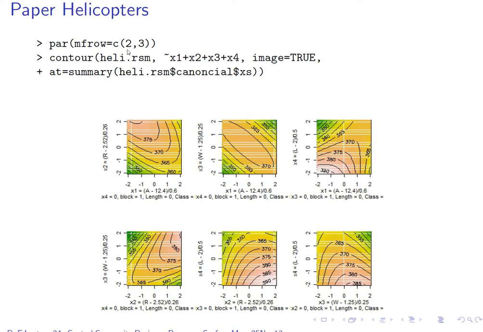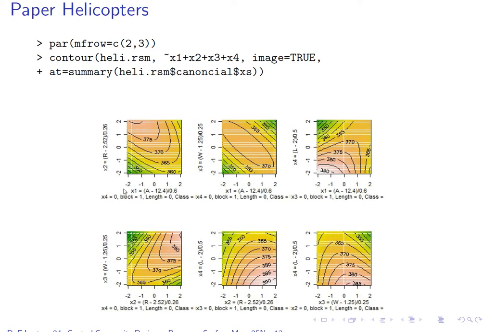That's 2 rows of 3 each. Right? The graphical space is partitioned, and then the function contour is used to generate the contour plots, and you see the lines of constant flight time as a function of the variables that are on each side.